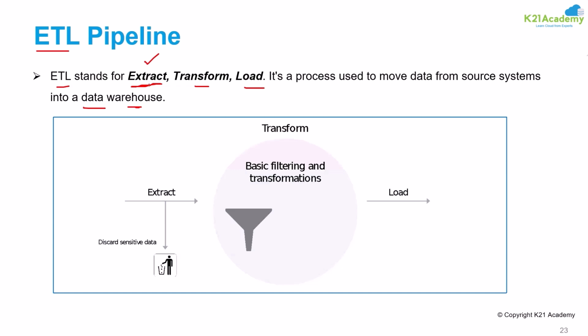Now, if you're extracting the data, we have multiple sources. For example, your data may be coming from databases. Your data may be coming from flat data files like txt files or csv files. And when we talk about databases, we again have multiple types of databases. We learned about SQL-based, that is structured databases.